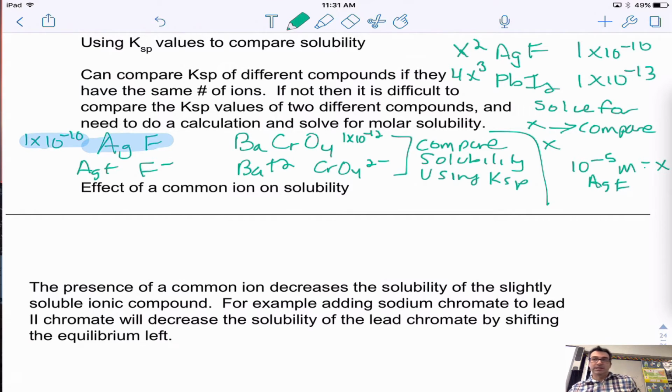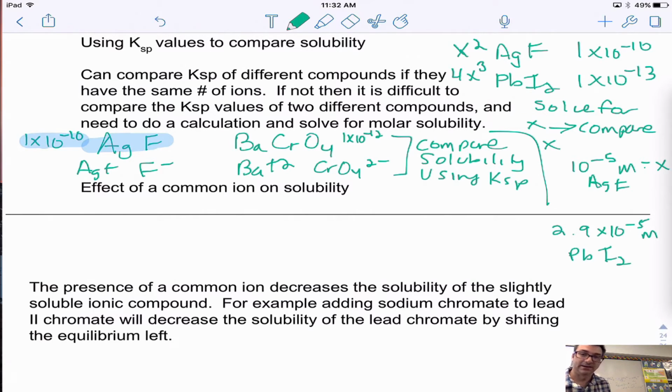But when we do this for PbI2, and I'll grab a calculator, we'll have 1e to the negative 13th divided by 4, and then raised to the 1/3 power, cube root. And in that case, we get 2.9 times 10 to the negative 5th molar for PbI2.